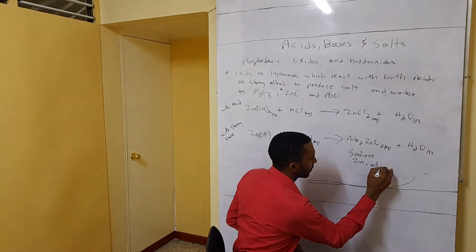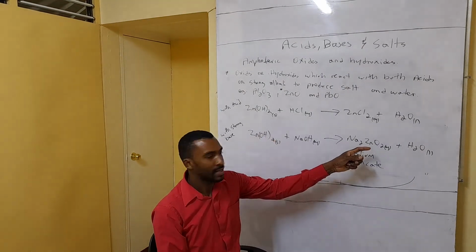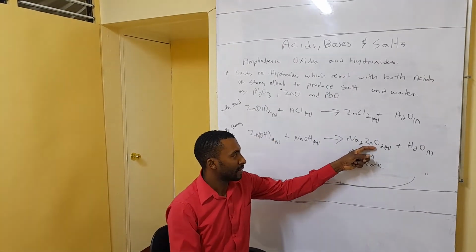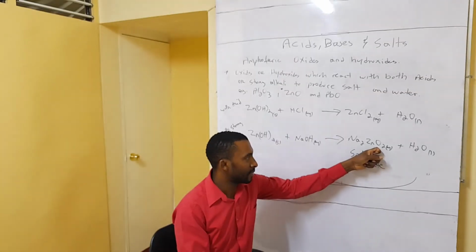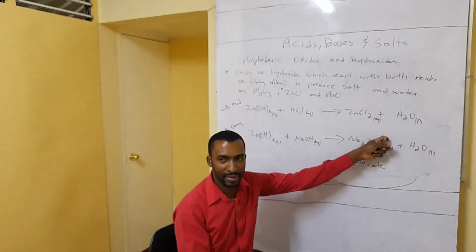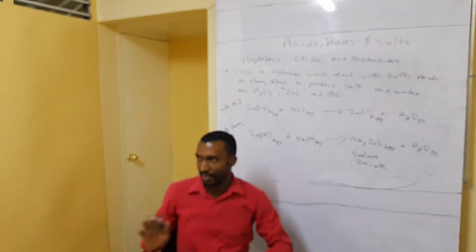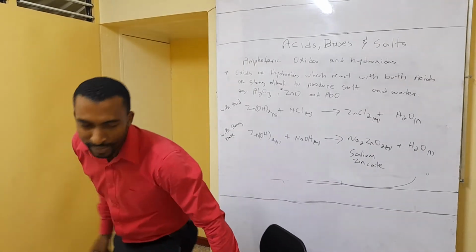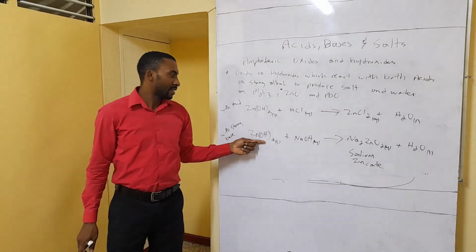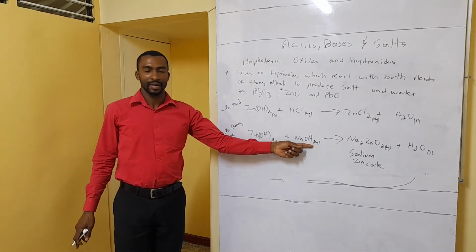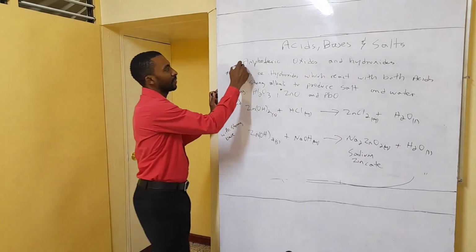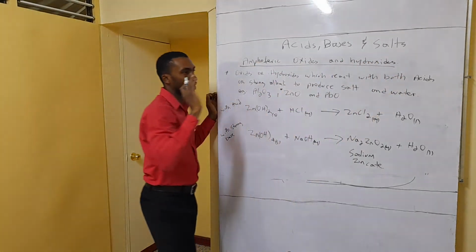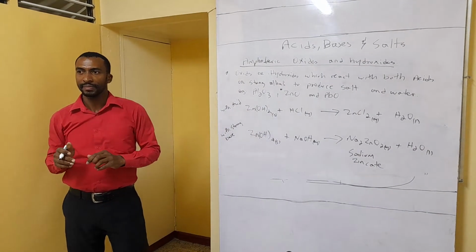As you can see, ZnO2 2-, and then you have 2 sodium. So that's what will form when we react the zinc hydroxide with a strong alkali such as sodium hydroxide. Alright, so it's an example. So this is why it's an amphoteric oxide. It reacts with both acid and strong alkali. Good?